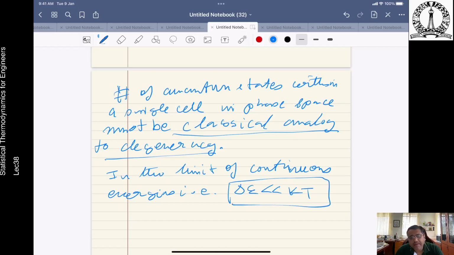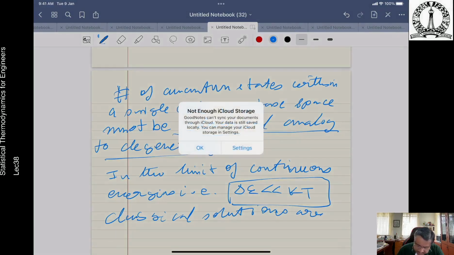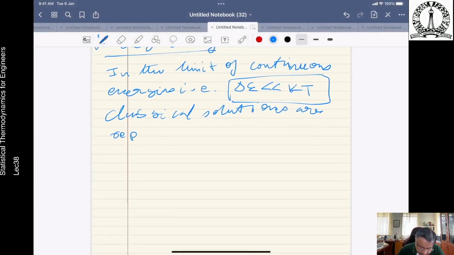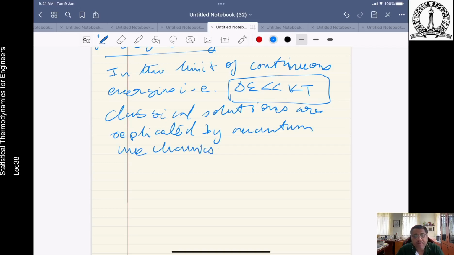The classical solutions are replicated by quantum mechanics.